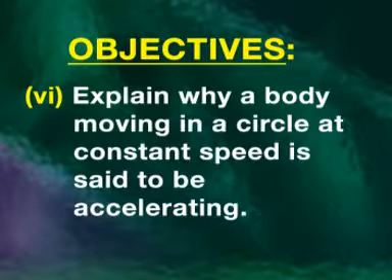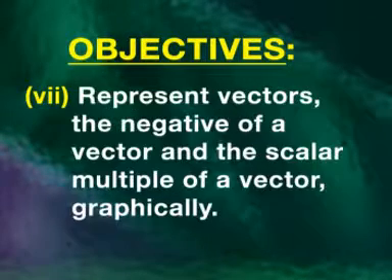Explain why a moving body in a circle at a constant speed is said to be accelerating. And 7. Represent vectors and the negative of a vector and the scalar multiple of a vector graphically.